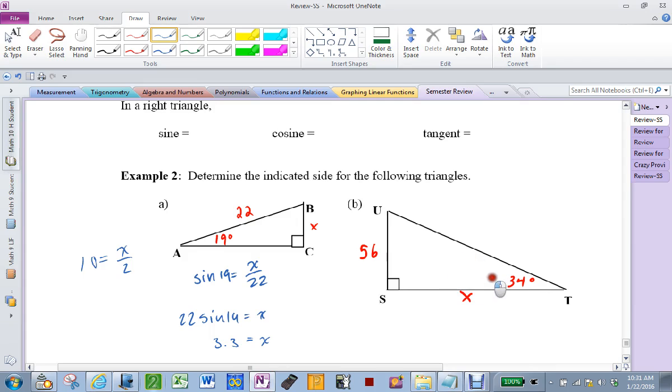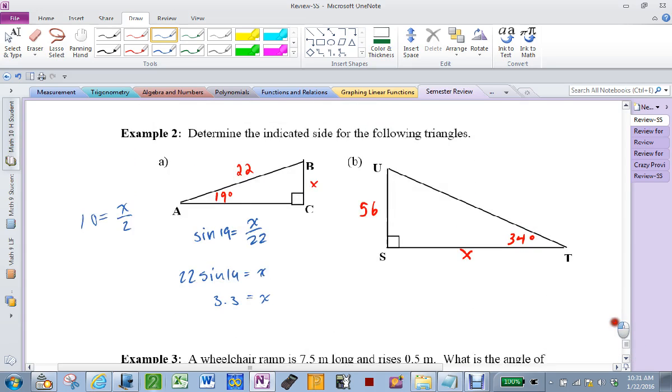Over here, I have an angle. Do I have a theta? What is it? 34. And I have an opposite of 56 and an adjacent of x. My hypotenuse is also unknown.